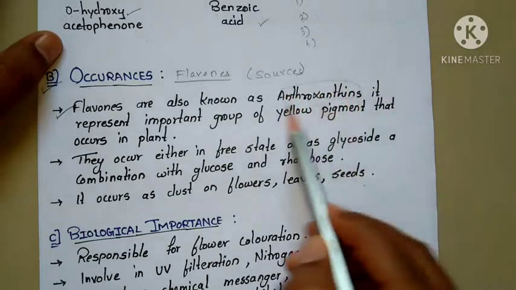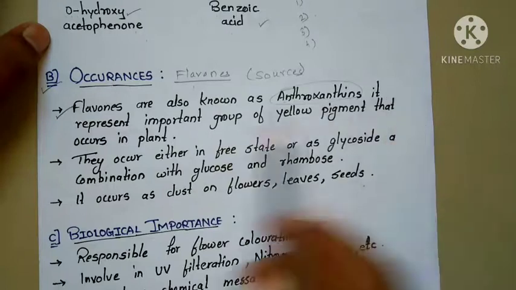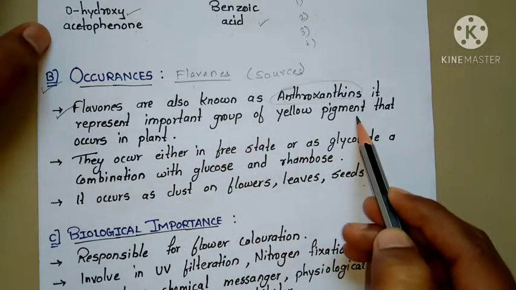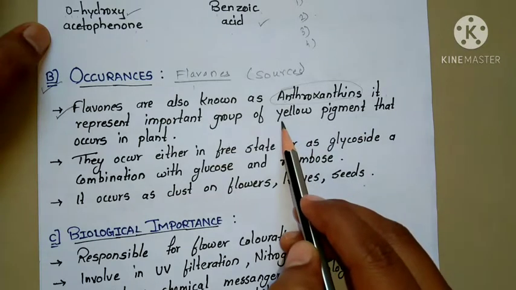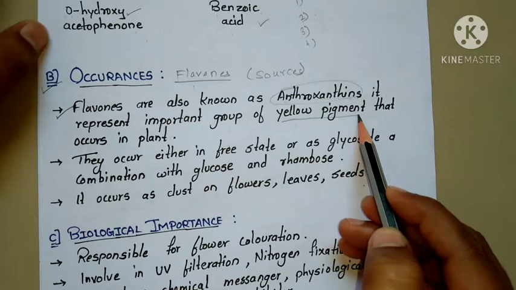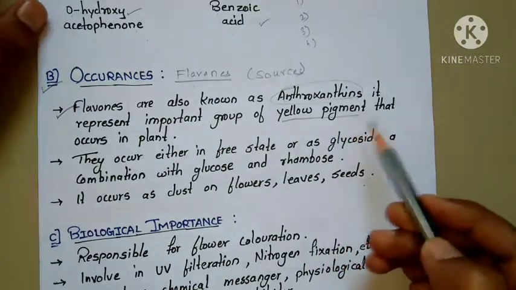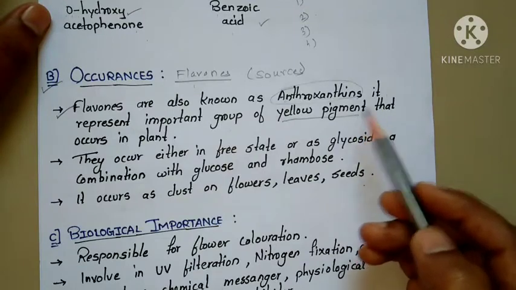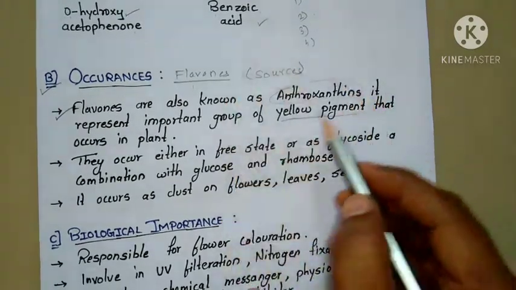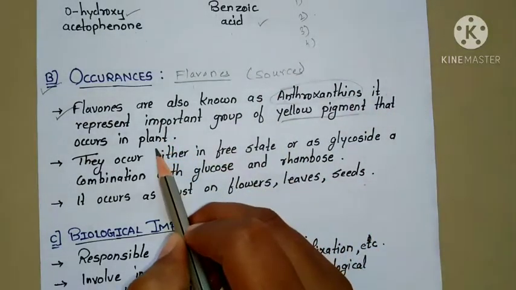This is another name of flavones. Remember this. They represent an important group of yellow pigments. I already told you flavones are pigments. And what is meant by pigment? It is a coloring substance obtained from living organisms. So the flavone color is yellow and occurs in plants.